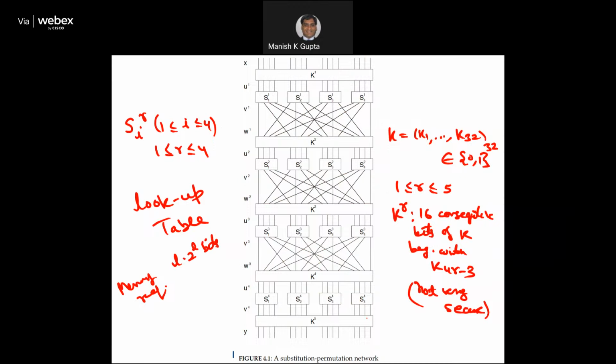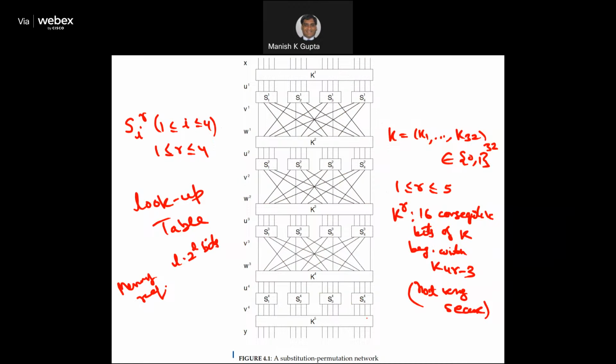Then there is K1, the first key in the schedule. Then these are the S boxes, substitution S1,1, S2,1, S3,1, S4,1. Then again permutation. First substitution, then permutation of bits, then substitution of L bits, then permutation like that, and XORing with different key schedules. Finally, you will get the Y, right? This is the typical scenario that will happen.